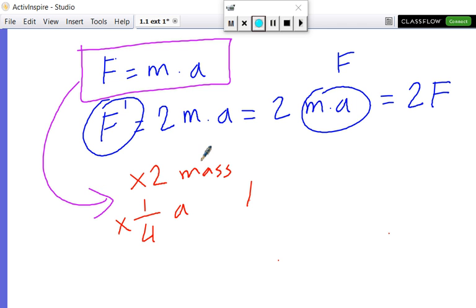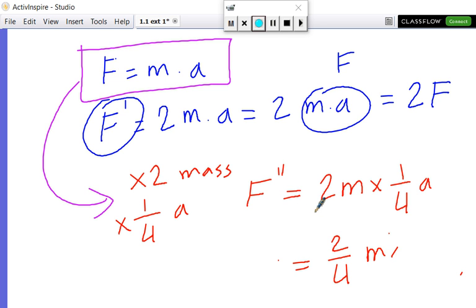For this new force, it is going to be equal to 2 times the original mass, because mass is doubled, times a quarter of the original acceleration, which will be 2/4 times ma, which in other words is equal to 0.5 times ma, which is simply 1/2 times F, since ma is equal to force.